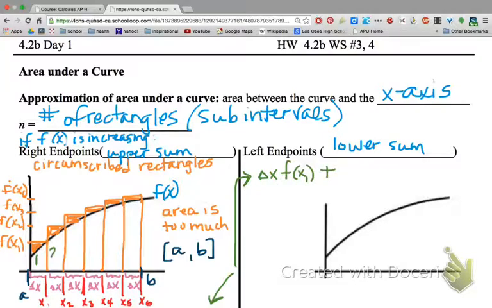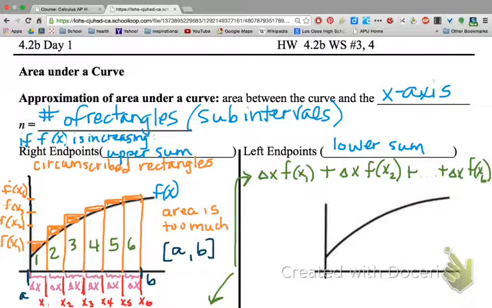And then for the second rectangle, the width again is delta x, and the height is that y value, which is f of x sub 2. And I would continue that pattern for rectangles 3, 4, 5, and 6. For rectangle 6, the width is delta x, and the height is f of x sub 6.